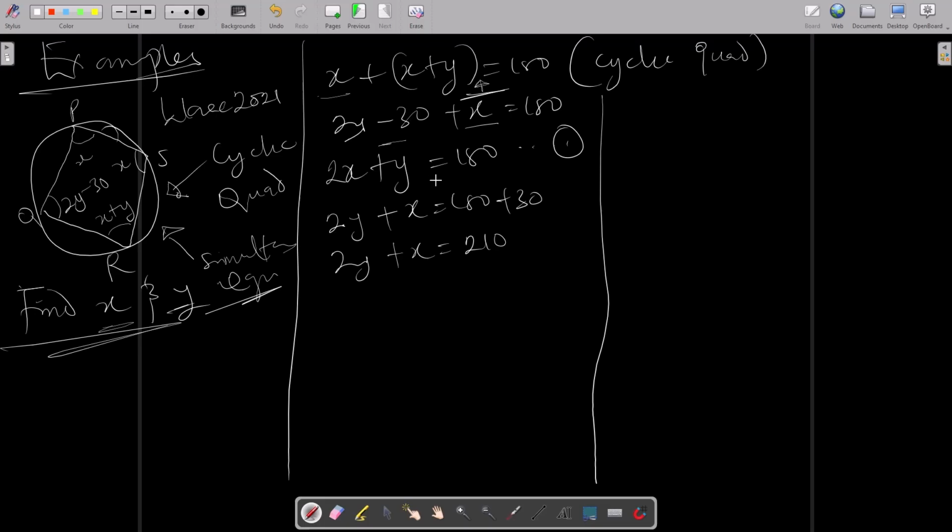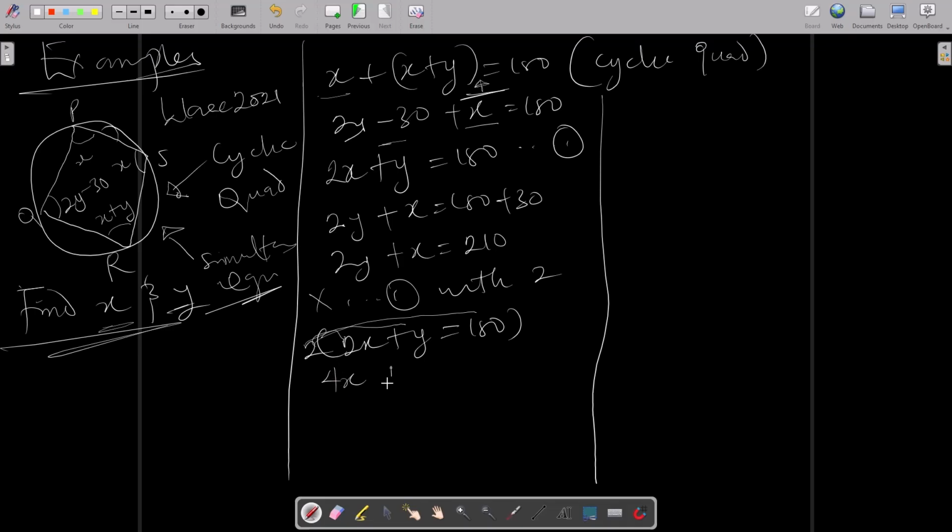Alright, so I have this. For simultaneous, I need to multiply equation 1 by 2. So 2 multiply with this, 2 multiply with this, 2 multiply with that.